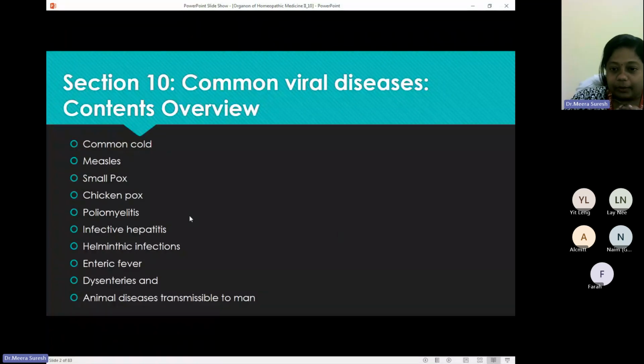When you see the PPT, the slide number seems to be too much, like 83, because we have this many conditions. But in each disease, I have not gone much into its pathophysiology, because you might have started learning all of these conditions even in microbiology, virology, and later in practice of medicine, which I myself have taken for you.